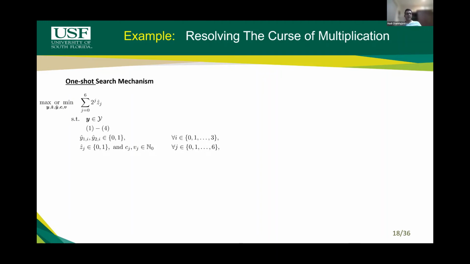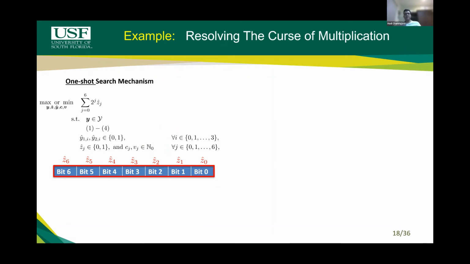That basically means that if you solve this integer linear program, and these are the bits of your objective value, you will obtain the values of all bits at the same time. And as I said, this approach will not resolve the curse of multiplication because the objective value may remain the same. Actually, will remain the same.